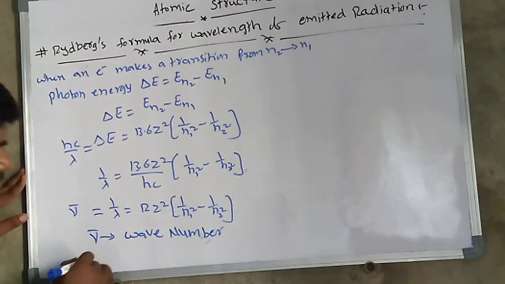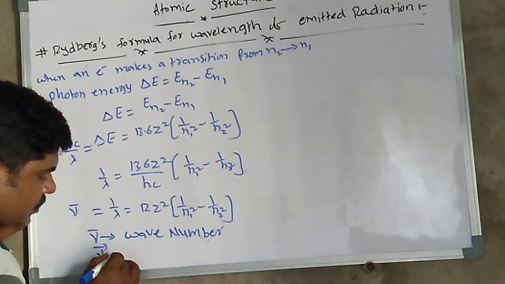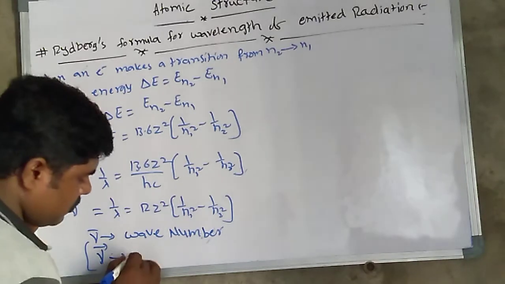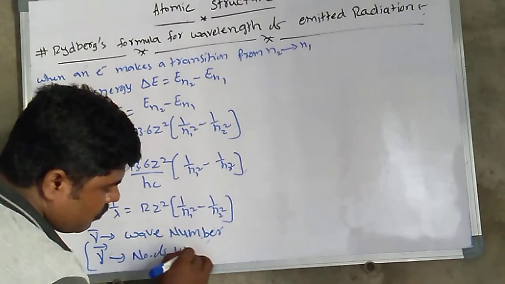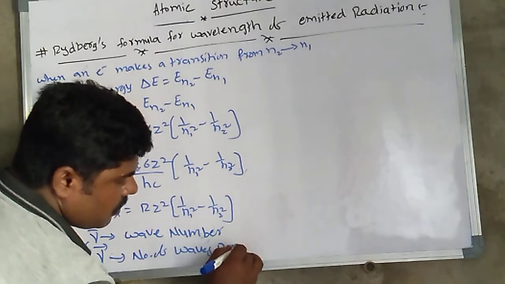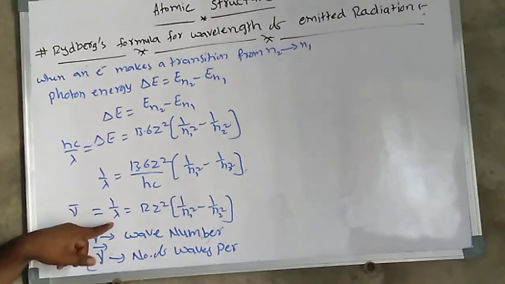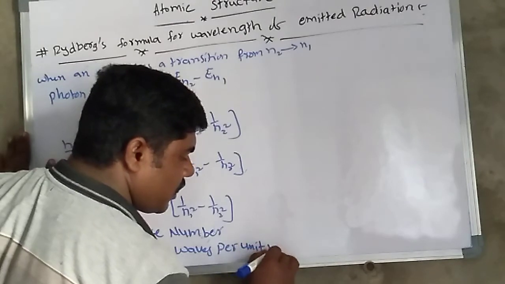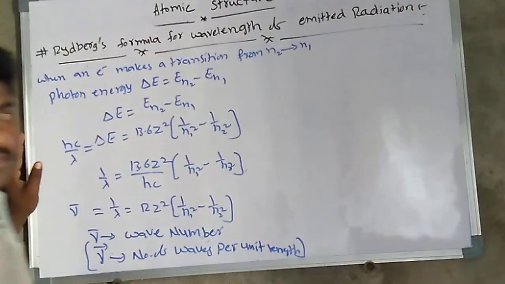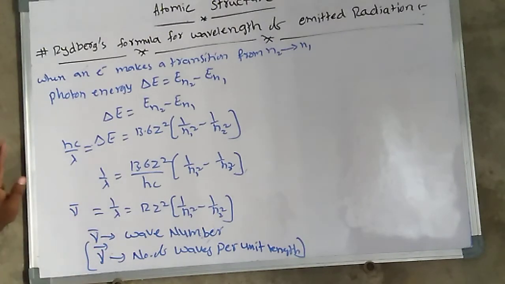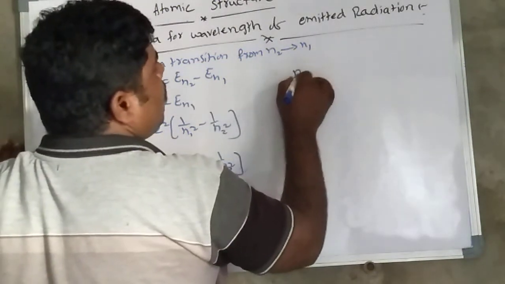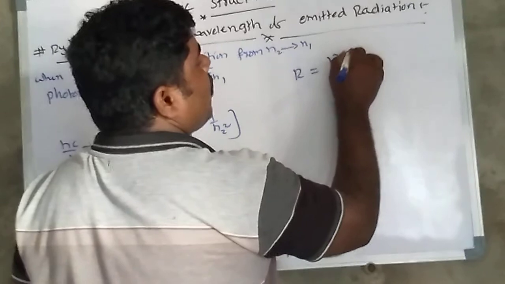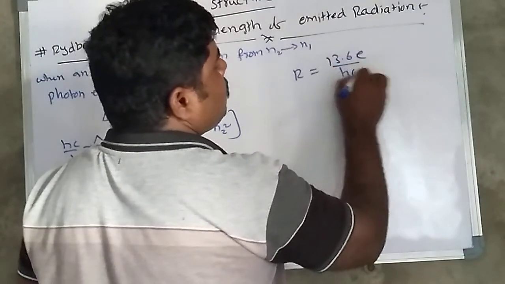So this is the wave number statement: the number of waves per unit length. Here R is called the Rydberg constant. That value is equal to 13.6 eV divided by hc.